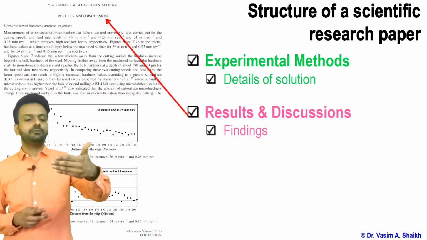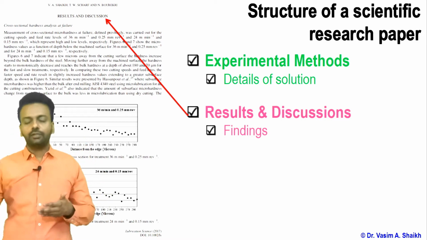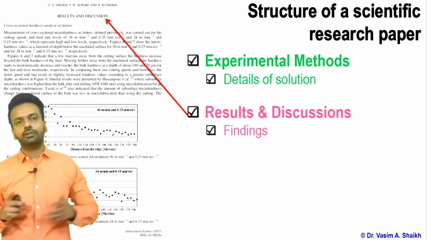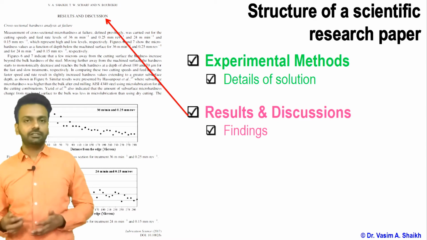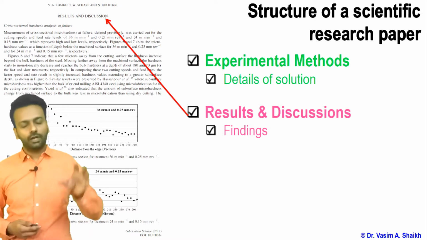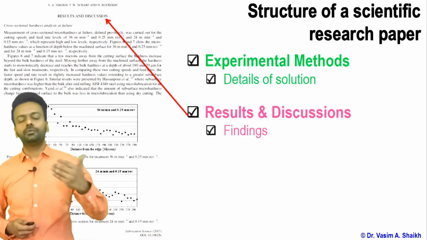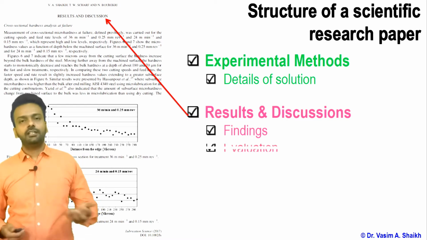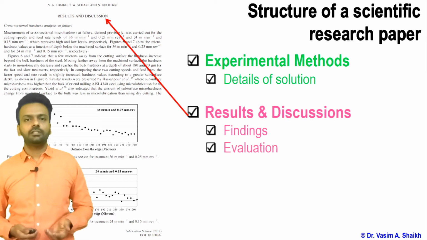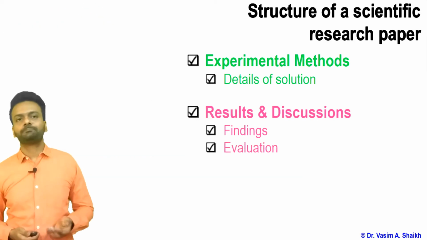But once they see a figure, they know the trend of the graph and all that. So results and discussions are very important, and a lot of images, figures and tables should be there in results and discussion to prove your point. Finally you want to evaluate, so all these things come in the discussion part.